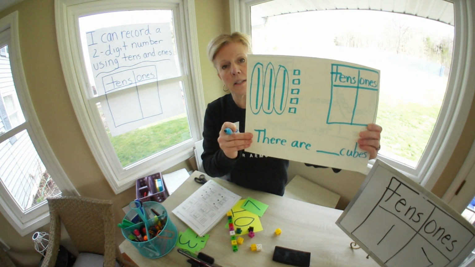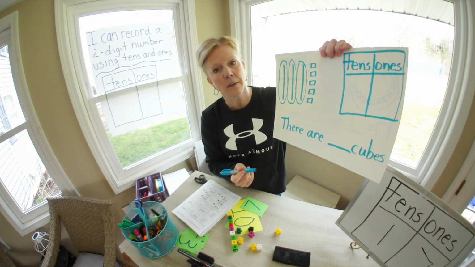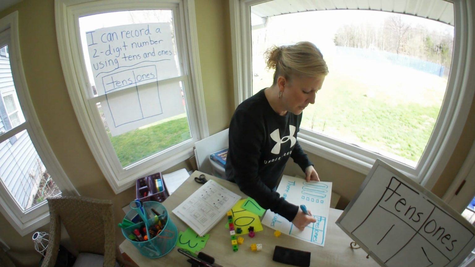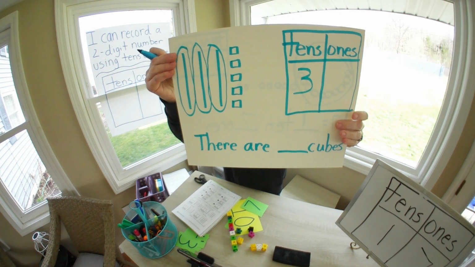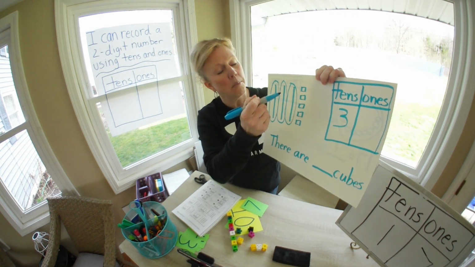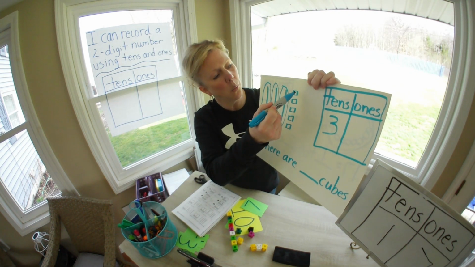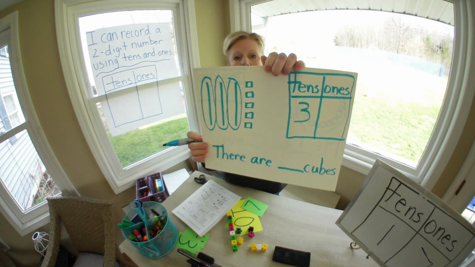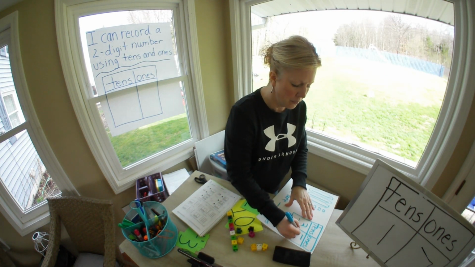So as I look at this, it looks like I have 1, 2, 3 groups of 10. So I'm going to put 3 in the tens over here. Now I need to count my ones, which are my individual cubes, my extras. 1, 2, 3, 4, 5. I have 5 ones. Go ahead and write that in your ones column.